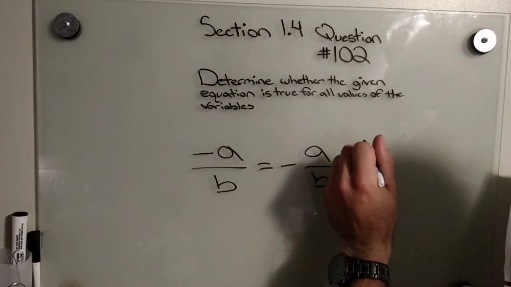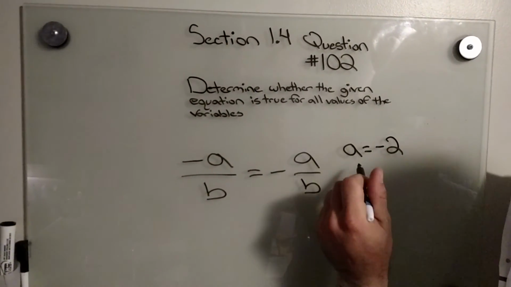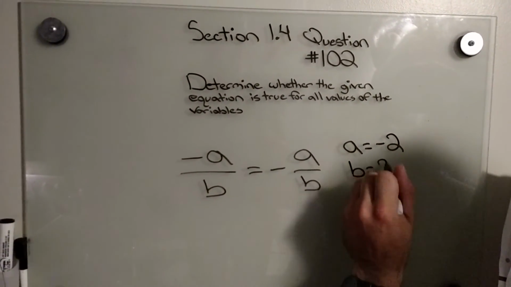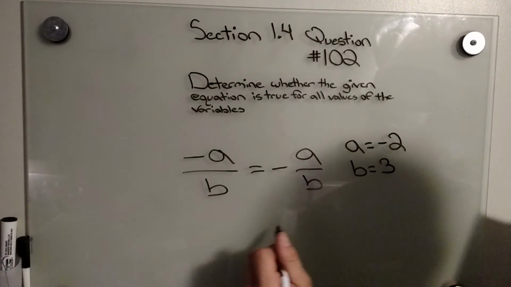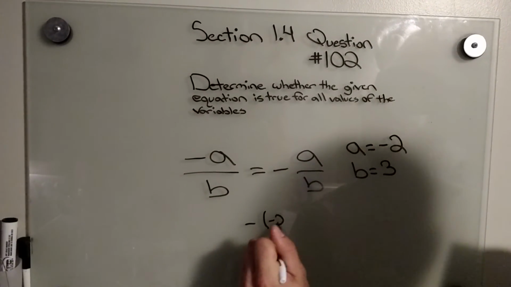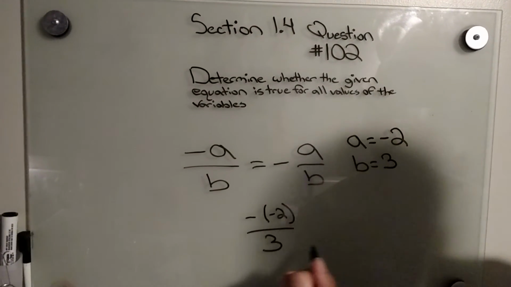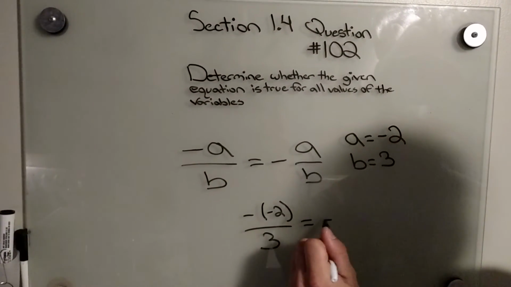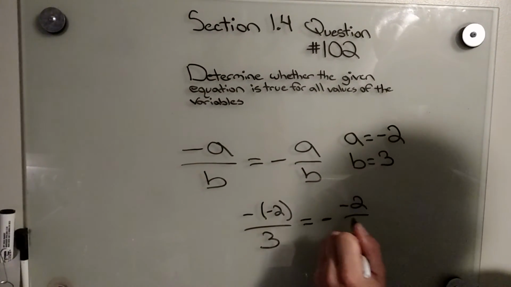We'll use similar values to what we had before, but we'll set a equal to negative 2, b equal to 3. And we can plug in our variables. Here we would have negative 2 over 3 equal to negative 2 over 3.